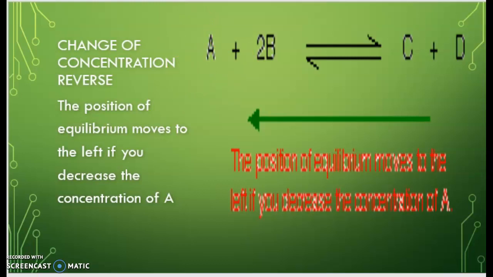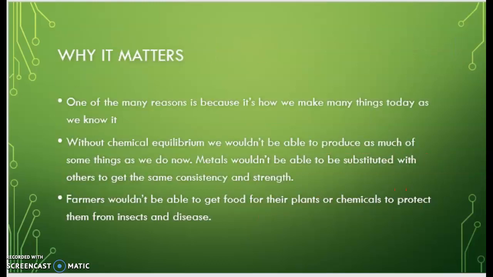Now you're probably wondering why any of this chemical equilibrium really matters to you, but here's a slide that's going to give you a couple reasons why. One of the reasons is many of the things we use today are created using this method.